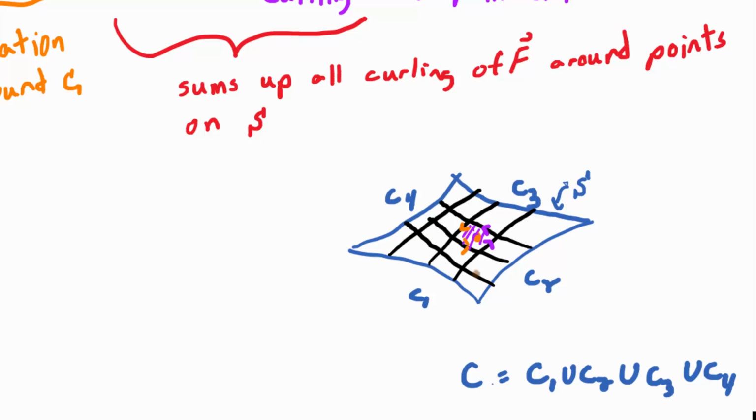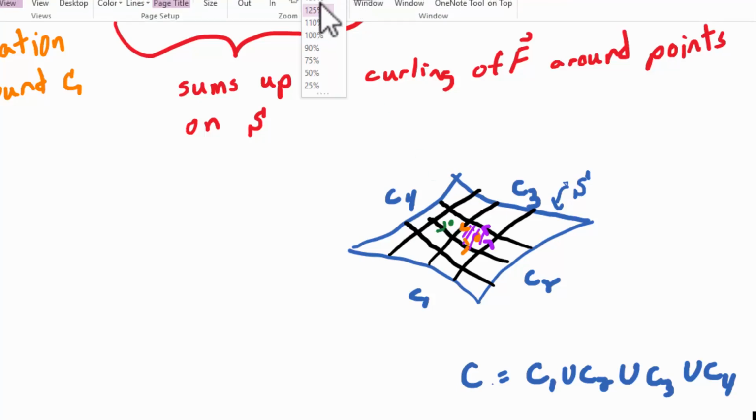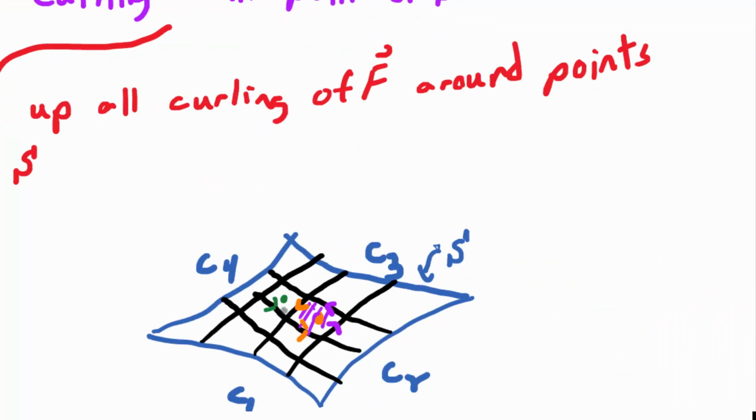So what's going to happen is that if you look at a similar picture for an adjacent patch, and you orient that in the way you're supposed to, counterclockwise, let me go to 200 magnification. Okay. Then do you see how it's going to be oriented in the opposite direction on the side they share? So that the circulation cancels on that side.